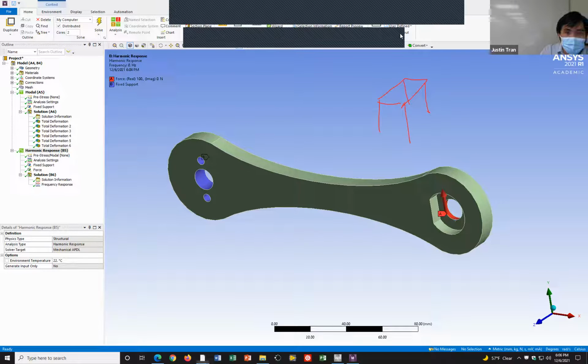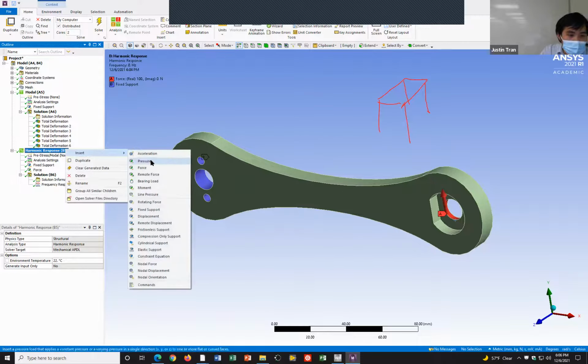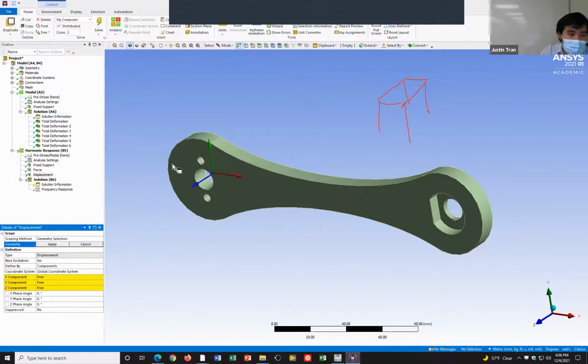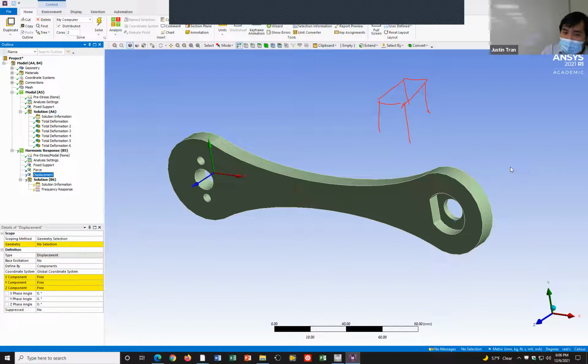If you remember from activity 5, one other type of boundary condition that you can use is a displacement. So let me go ahead and suppress this for now. Displacement basically lets you define how the displacement of a certain part changes as a function of time. So let me go ahead and do this right here too.